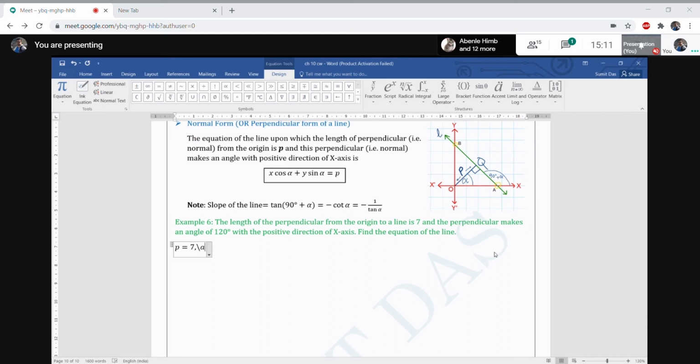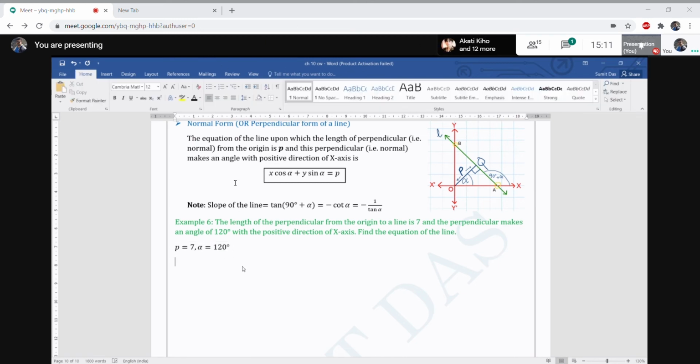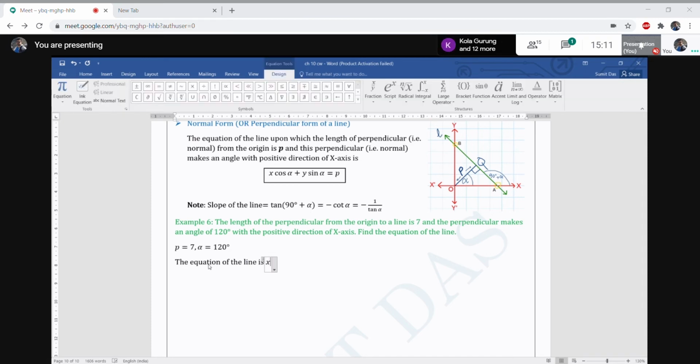So alpha equals 120 degrees. So the equation of the line, using the formula, will be x cos 120 degrees plus y sin 120 degrees, which is equal to P, that is 7.